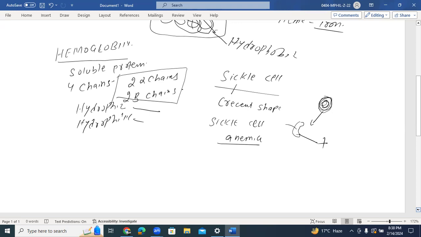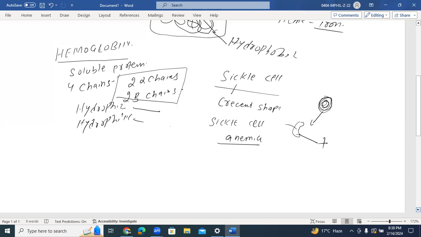It is a disease caused in an organism where there is a change in the structure. So what is our objective here? I want to show you the protein specificity. Protein is very specific. As we know, enzymes are very specific, and enzymes are proteins.